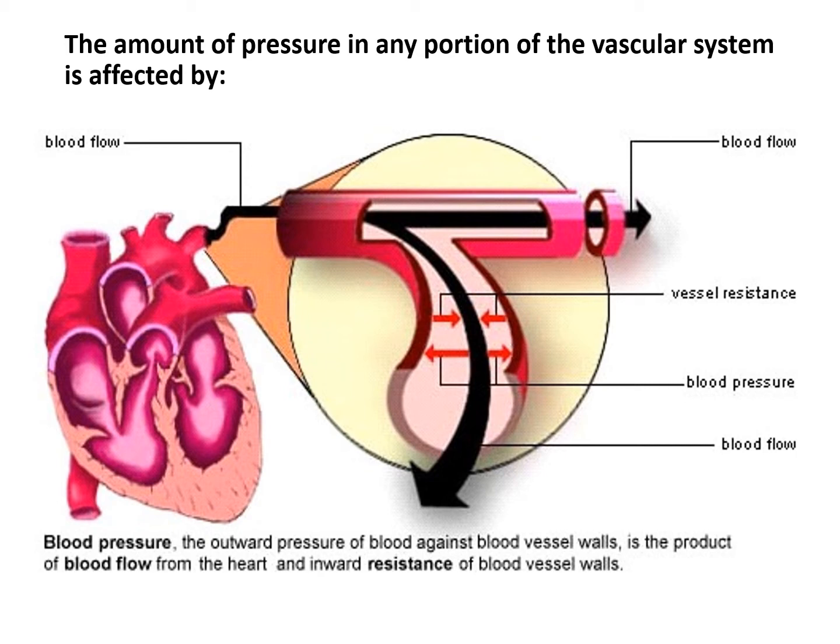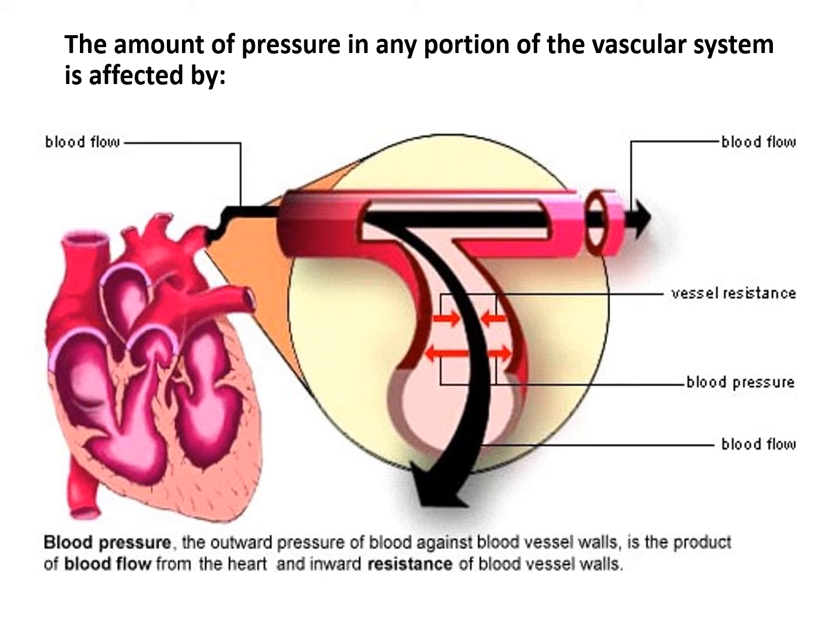Okay? So again, I'll repeat that. The amount of pressure in any portion of the vascular system is affected by blood volume, vascular resistance, and cardiac output. It is the pressure differences within the system that allow blood to move forward.